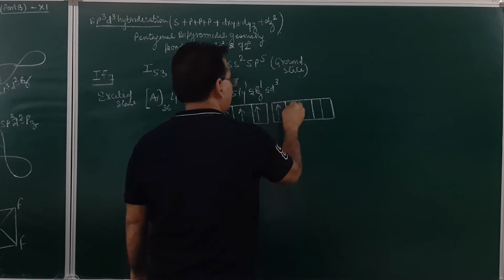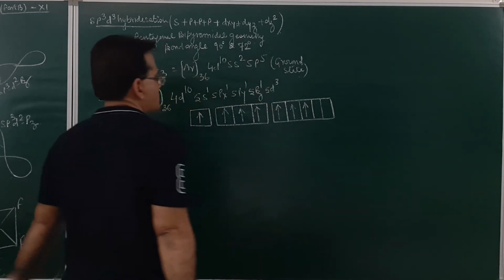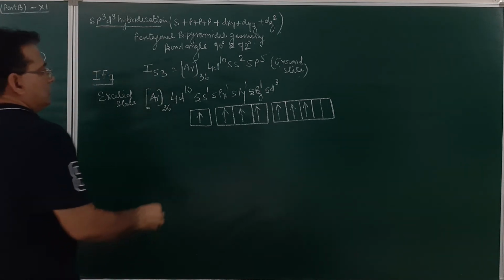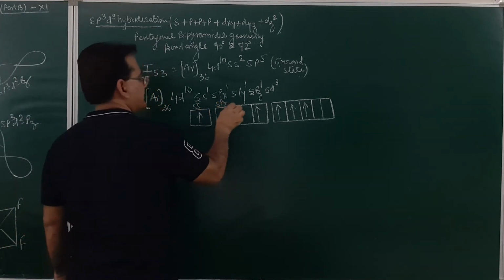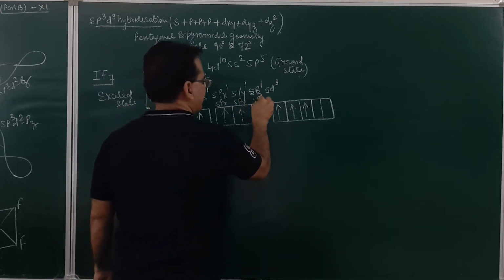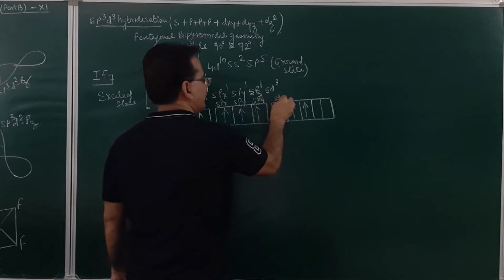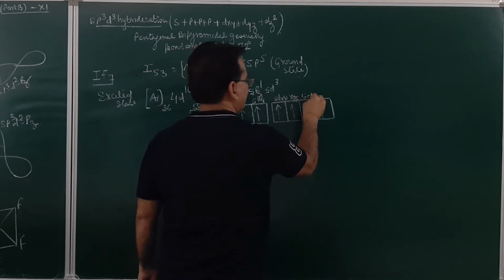One here, and one here. This is 5s, 5px, 5py, 5pz, 5dxy, 5dyz and 5dz square.